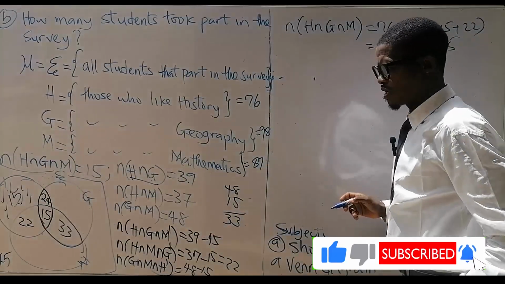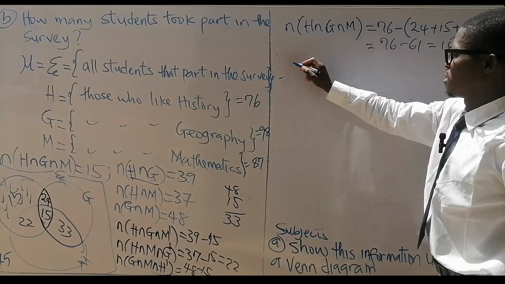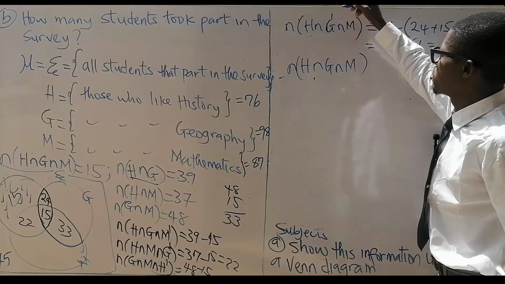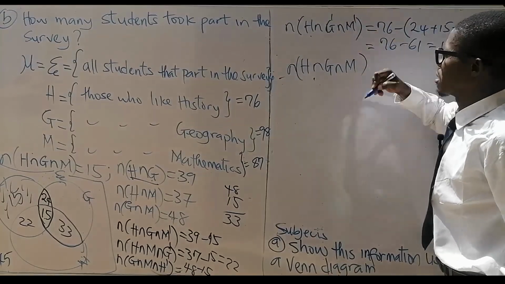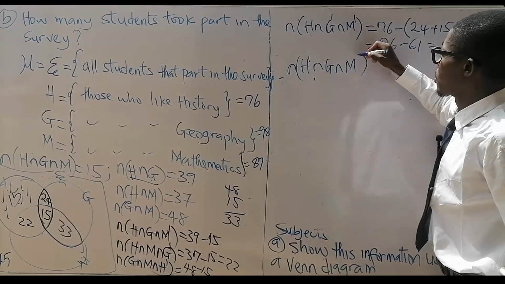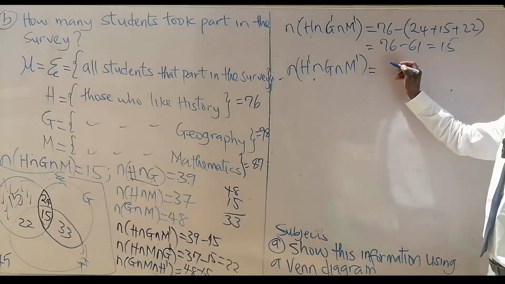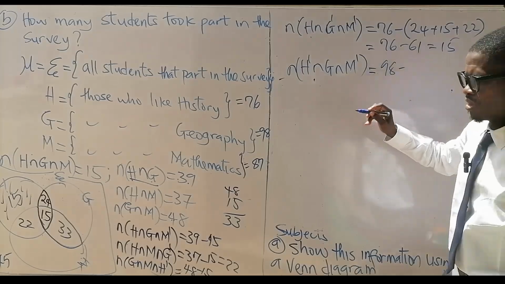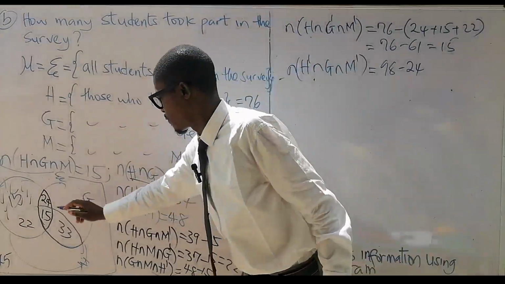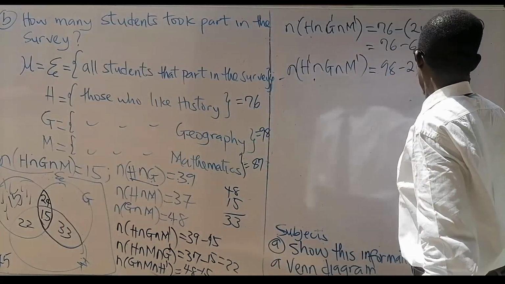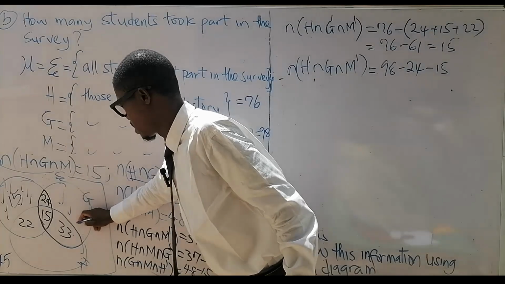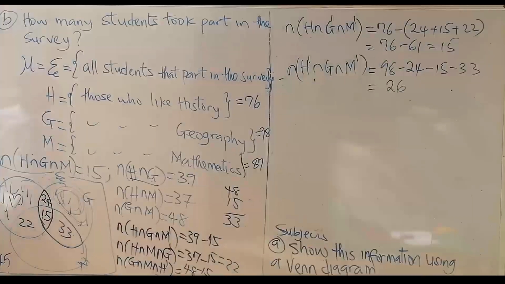So let's get the geography only. For history only, we are going to exclude the geography and the mathematics. For geography only, we are going to exclude the history and the mathematics. That will be 98 minus 24 minus 15 and then minus 33. This place is geography only.